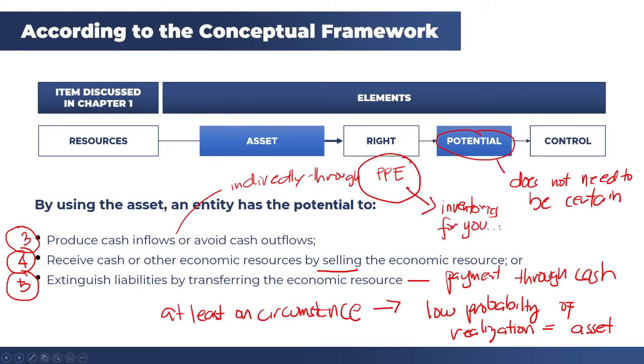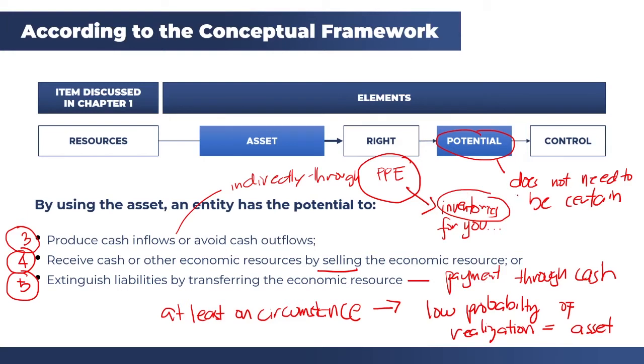But you have to question yourself, is it sure that your inventories will be producing cash flows, or is it sure that your inventories will be sold after 2 months? The answer is no. But you're still recognizing your inventories as an asset and your PPE as an asset, even though it is not very certain whether they're going to be sold in the future.